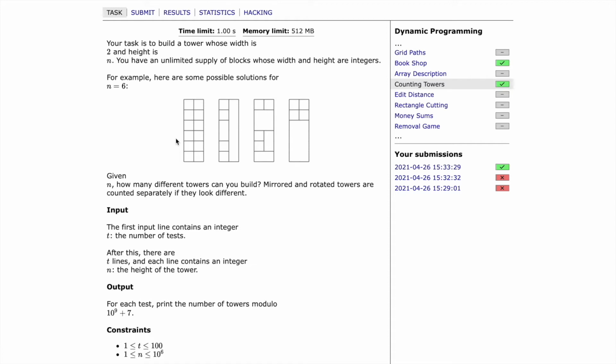In a similar manner, sum of n would represent the summation of all the values of dp up to n. So sum of n would be equal to dp of n plus dp of n minus 1 plus dp of n minus 2 up to dp of 0.